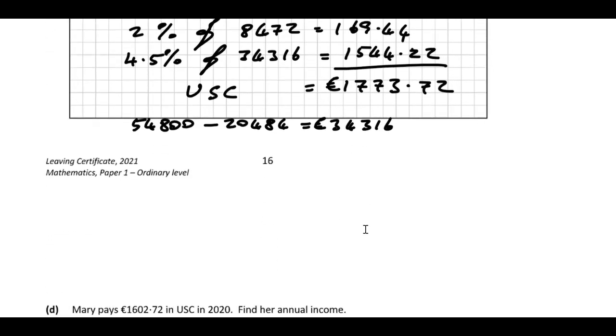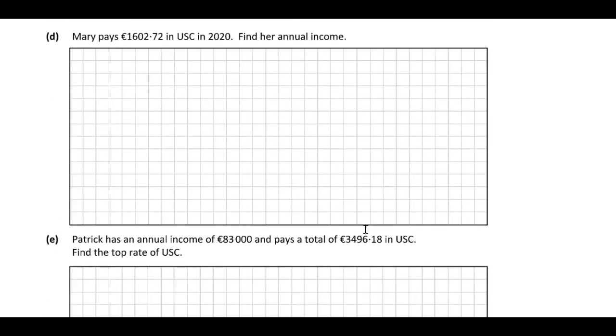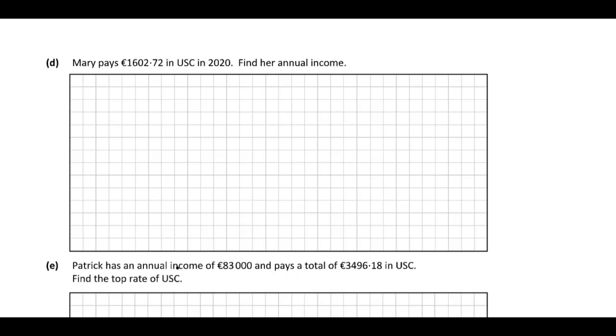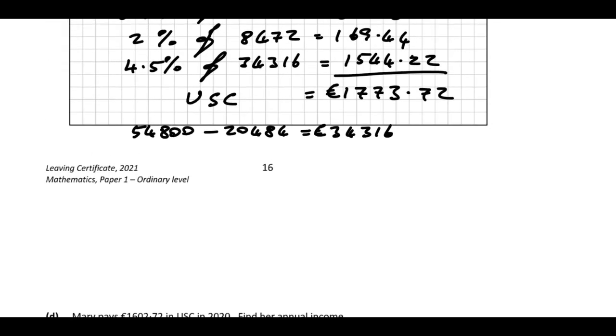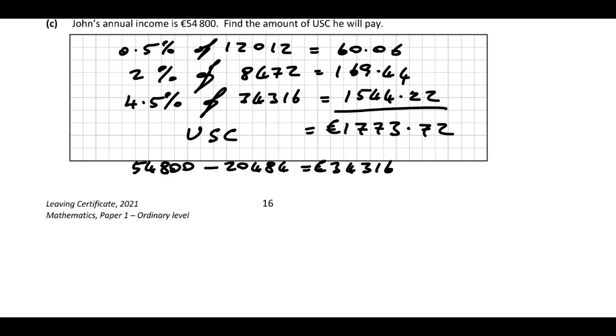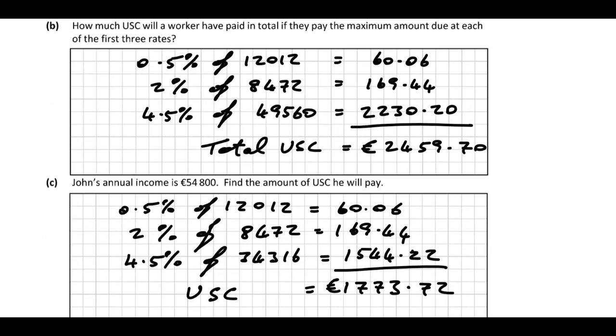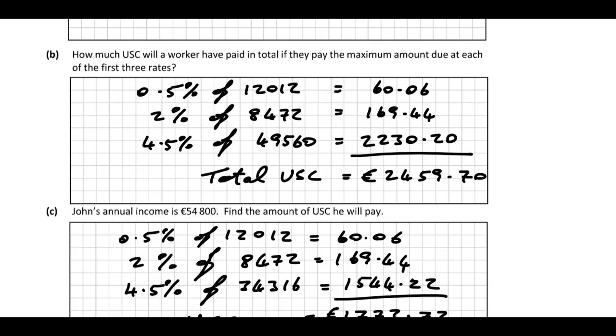Okay, so that's it. Let's have a look at part D. Mary pays 1,602 euros and 72 cents in USC in 2020. Find her annual income. What we've got to do here is look at the amounts of USC that you will have to pay. If you pay the full amount here, you're going to pay 60 euros and 6 cents here.